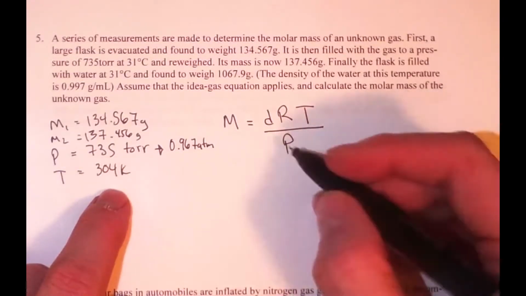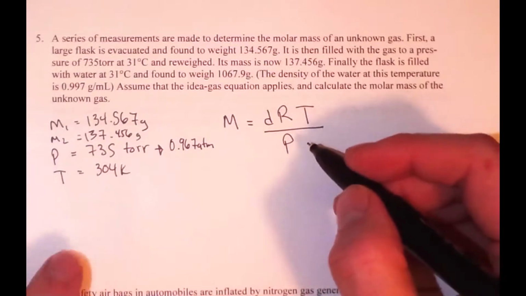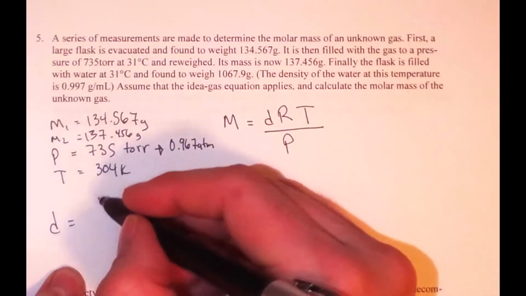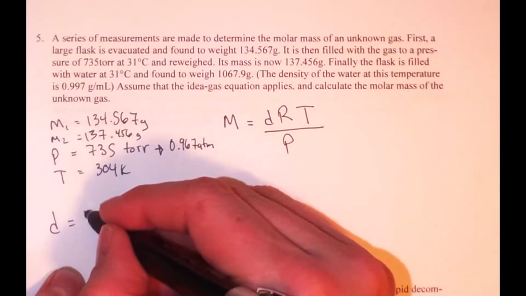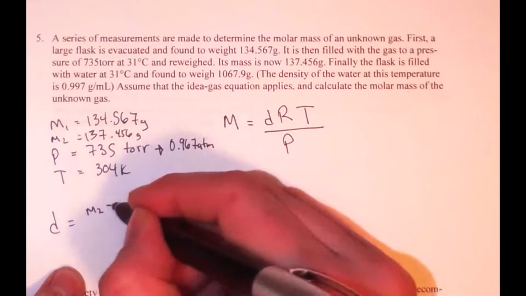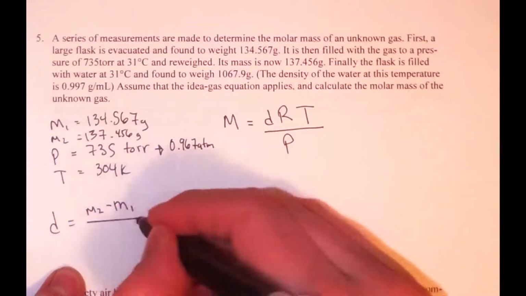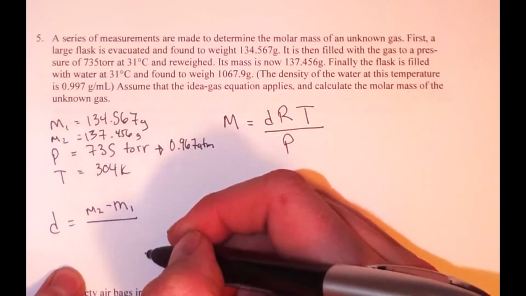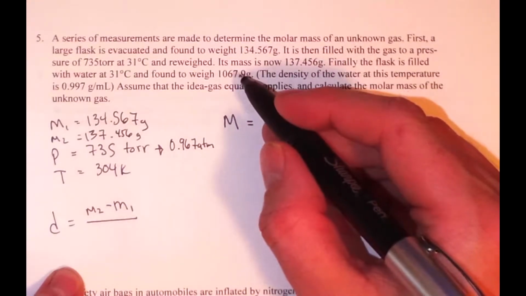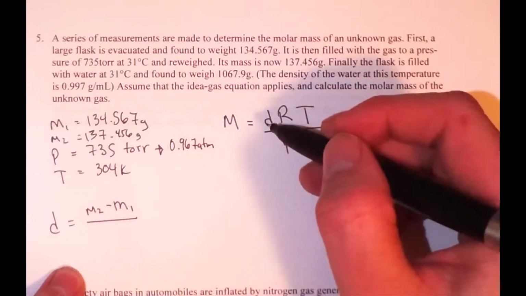So what we have left to do is to get the density. So density is equal to the mass, which is the difference of these two, M2 minus M1, divided by the volume. So we need to get the volume of the container.